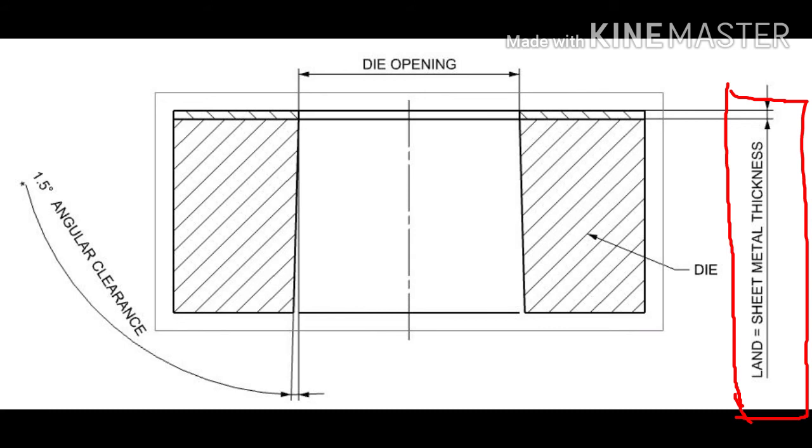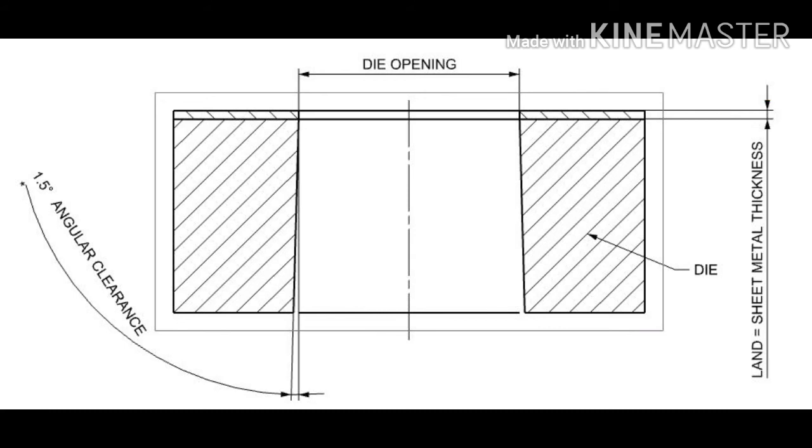In the above diagram you can see the die opening up to a certain dimension, or you can say the thickness of the sheet; that distance is called the land. Straight die opening is not recommended for ferrous materials.